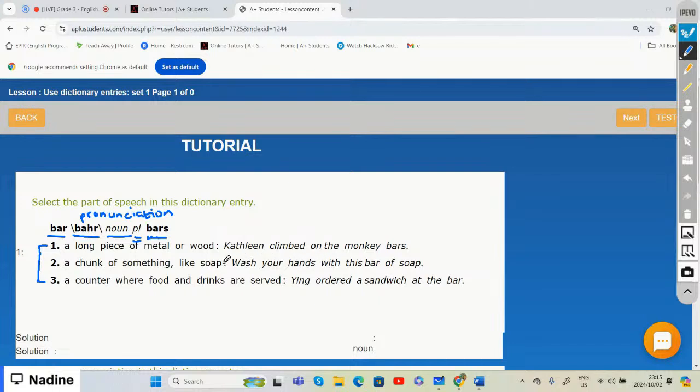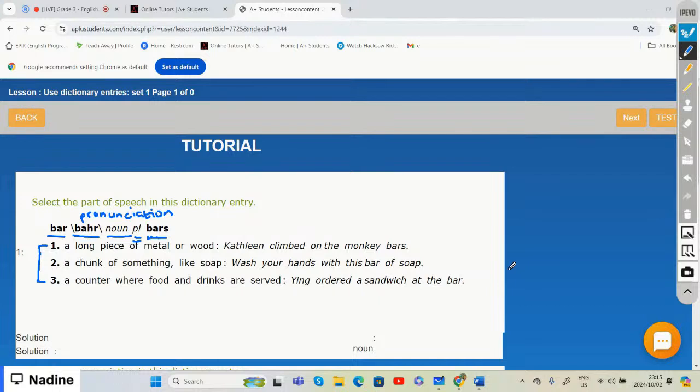Wash your hands with this bar of soap. And then the third meaning of the word bar is a counter where food and drinks are served. And it says Ying ordered a sandwich at the bar.